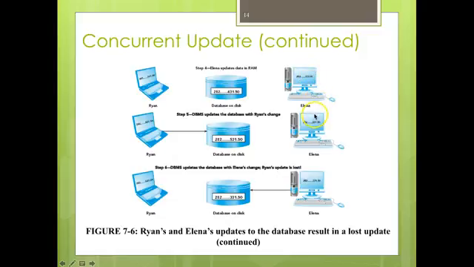Elena turns around and tells the system, Ryan updates and says, hey, the balance is $531.50, they deposited $100 in the account. Great. Elena still thinks the balance is $331.50 and turns around and updates the system and tells it $331.50. Now we're missing $200 in our account because we allowed two users to manipulate the same record at the same time. So the question is, how do we fix this?